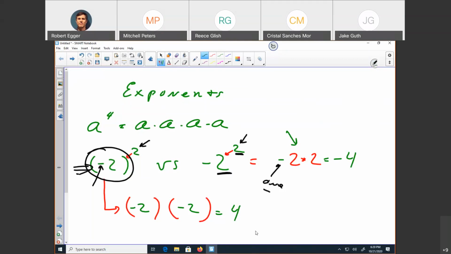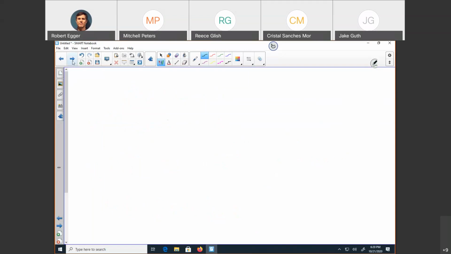So it's subtle, but it gets a lot of people. Gets a lot. And sometimes they do it sneaky. They'll give you, okay, here's y squared, and they'll say evaluate at y equals -2.